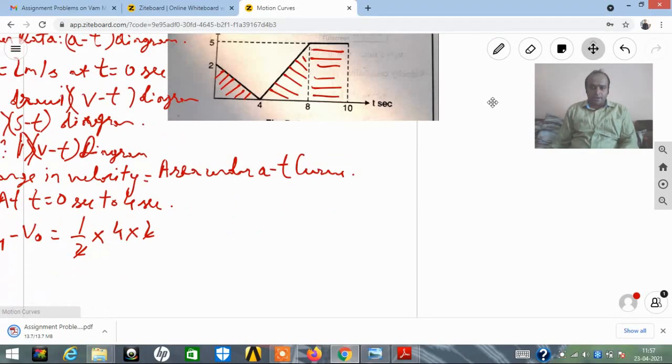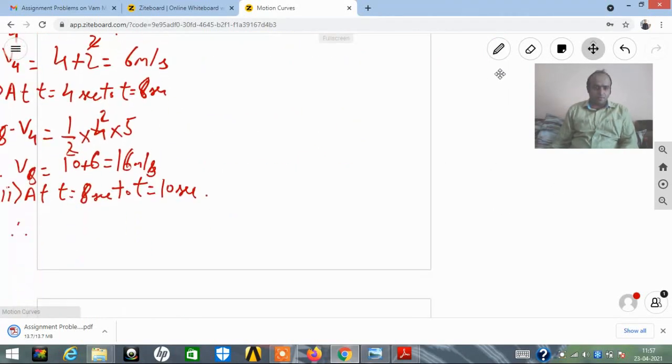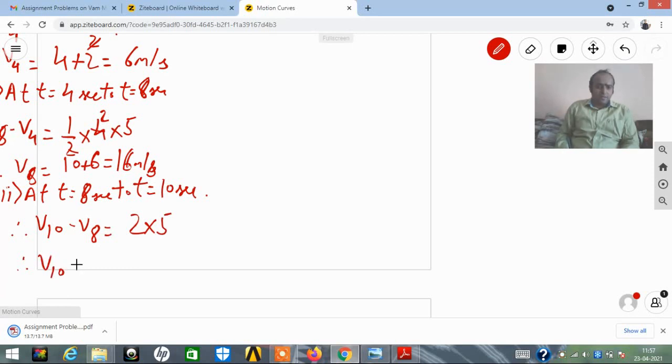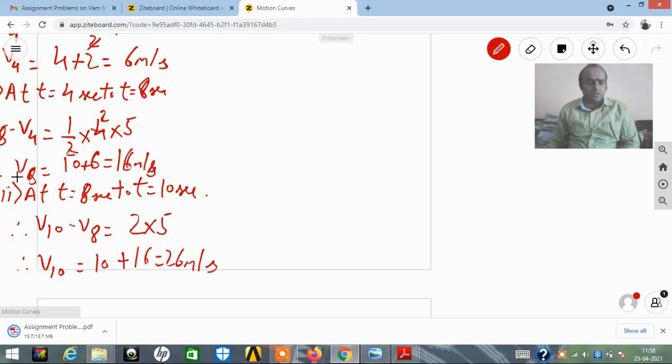So here it is V10 minus V8 is equal to 2 into 5. Therefore, V10 is equal to 10 plus V8, which is 16, is equal to 26 meter per second. So this was the part number third one.